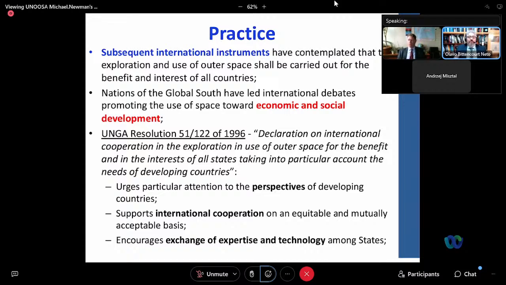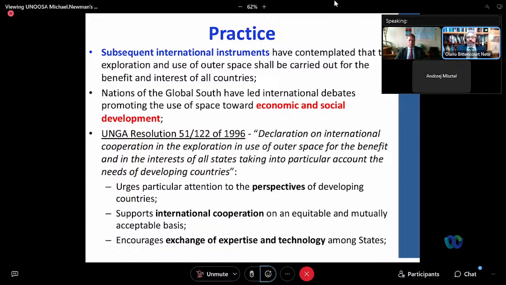Moreover, the document supports international cooperation on an equitable and mutually acceptable basis. So it promotes international cooperation, and of course, international cooperation can be done in so many different instances and involving so many different actions. But it's quite important for each developing nation in order to gain access to certain strategic uses of outer space. And finally, it promotes the exchange of expertise and technology among states.